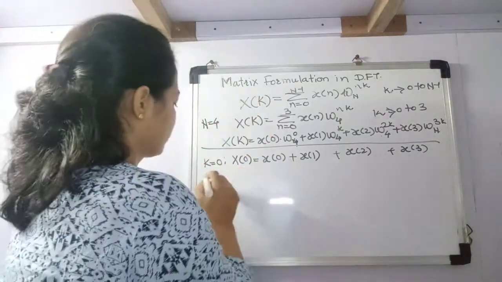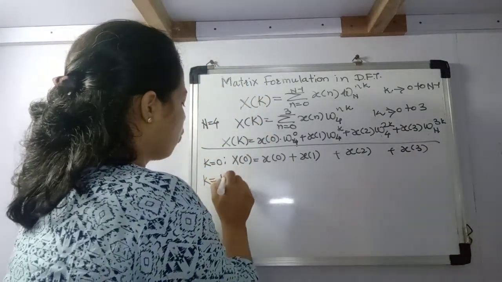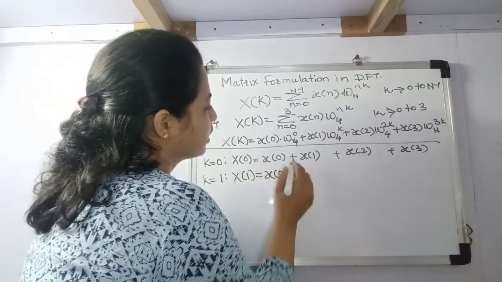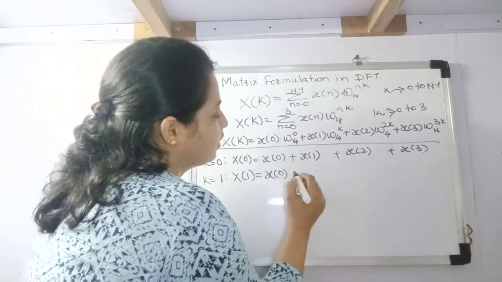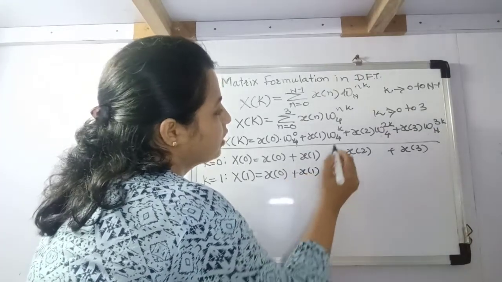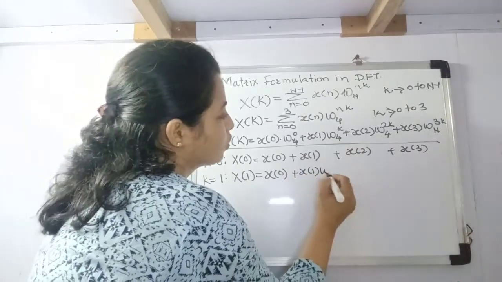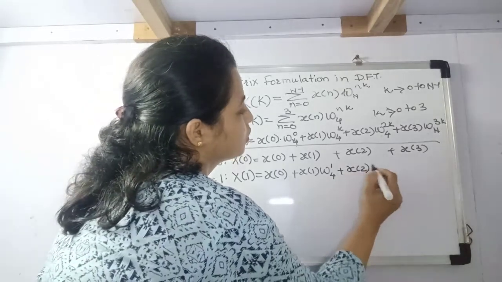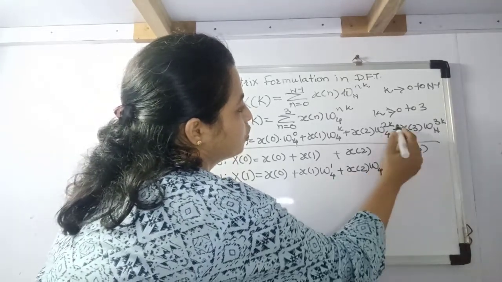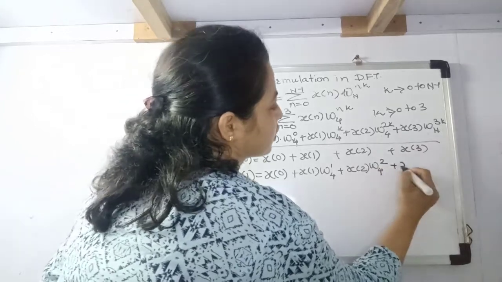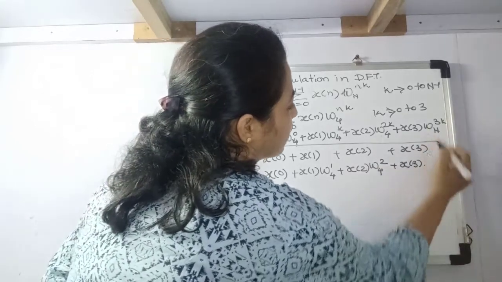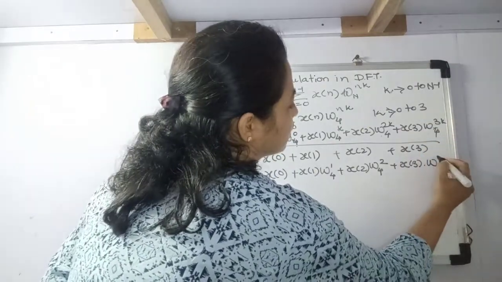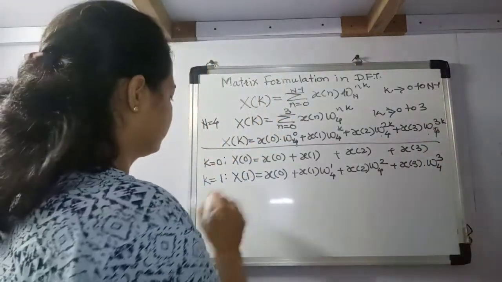Now for k equal to 1, X of 1 is equal to x of 0 times 1, plus x of 1 times W_4 raised to 1, plus x of 2 times W_4 raised to 2, plus x of 3 times W_4 raised to 3.